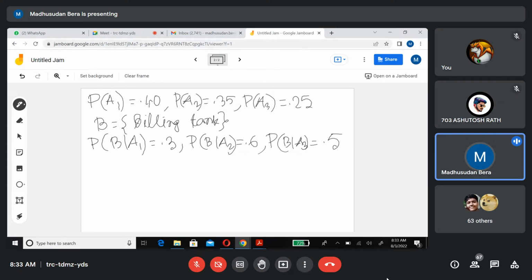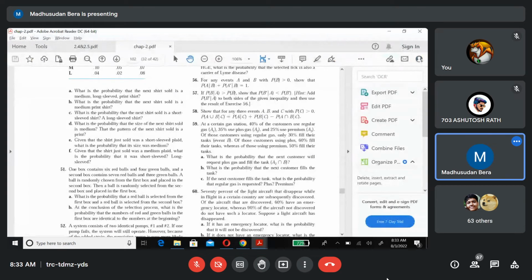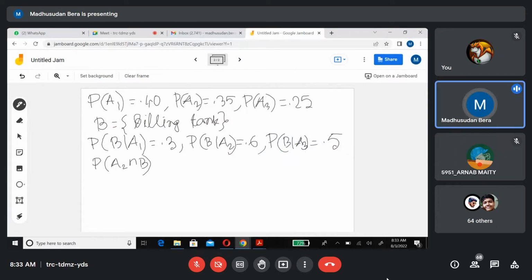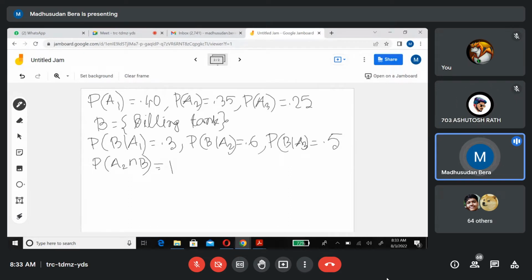Now what we have to find? What is the probability that the next customer will request plus gas and fill the tank? Plus gas is A2, fill the tank is B. So we have to find P of A2 intersection B. By the multiplication rule, P of A2 into P of B given A2.